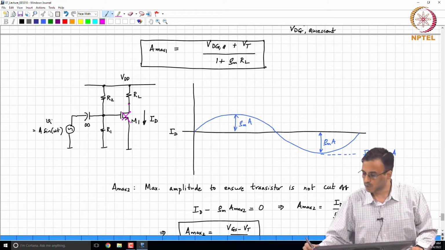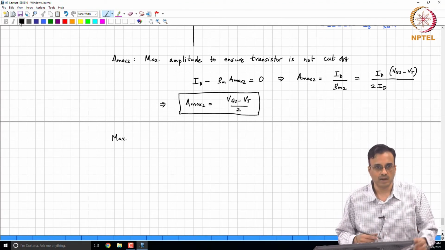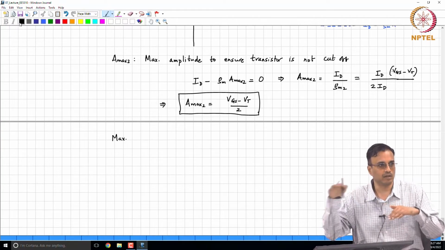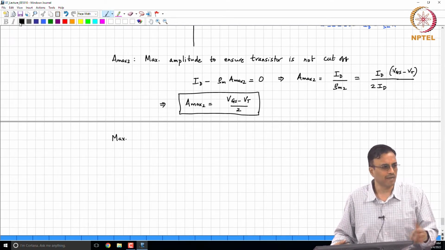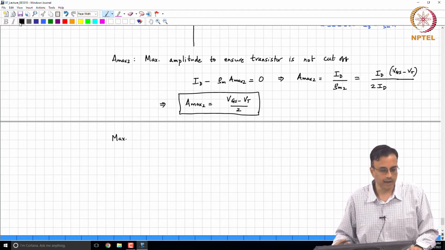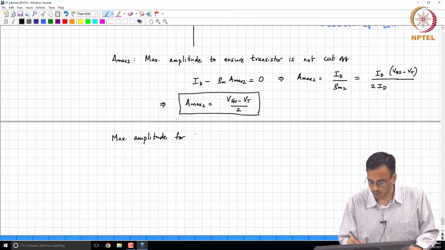Okay. So, as a consequence, what comment can you make about the spectrum of the sine wave now? You put in a sine wave, and you are getting the sine wave with either the top or the lower part chopped off. So, what is this in terms of its spectral properties? There are a lot of harmonics, so there is a lot of distortion, correct. So, what is the maximum amplitude for low distortion or distortion free operation without clipping, or I would say that is probably more accurate.